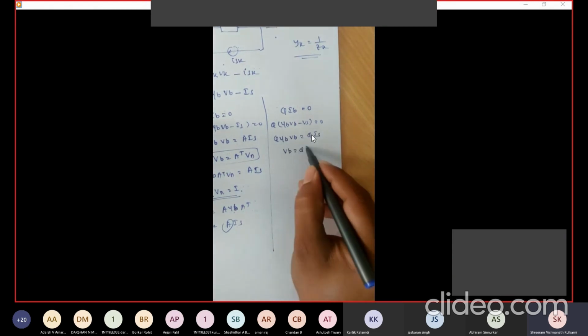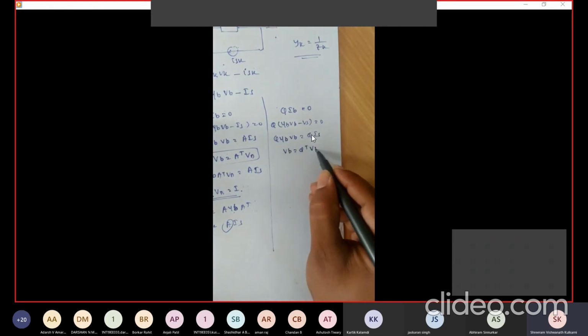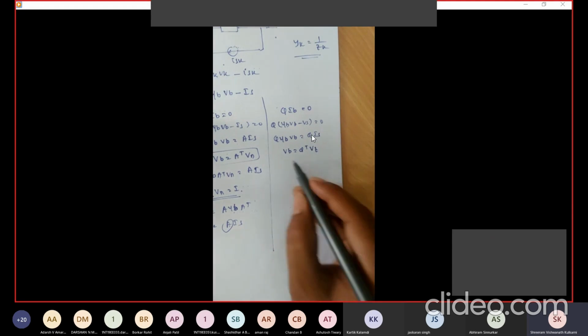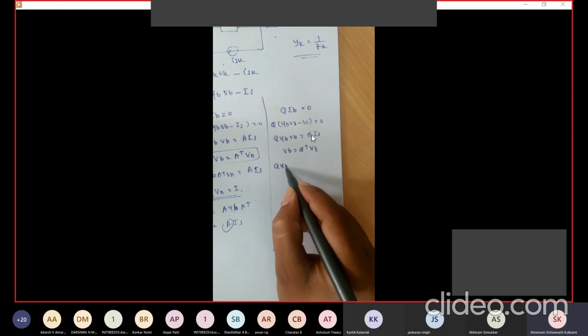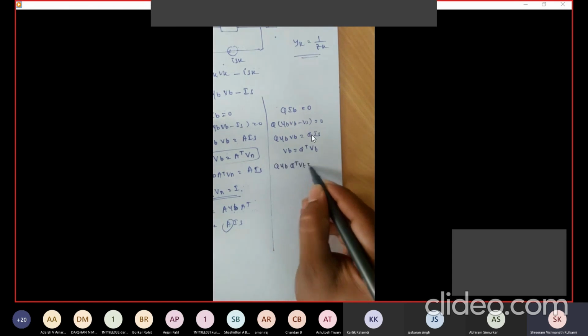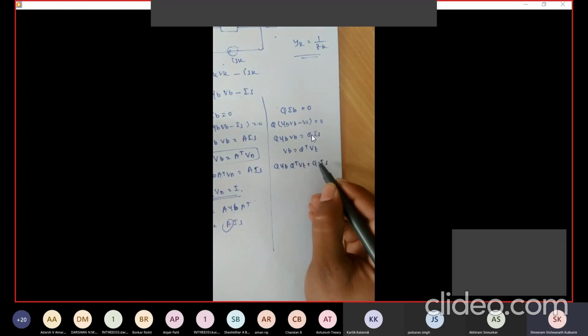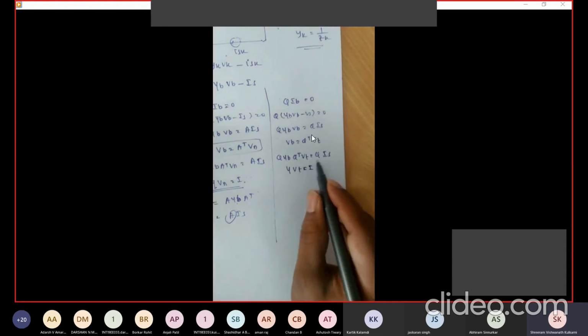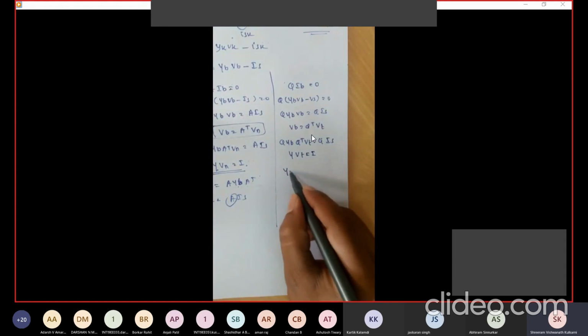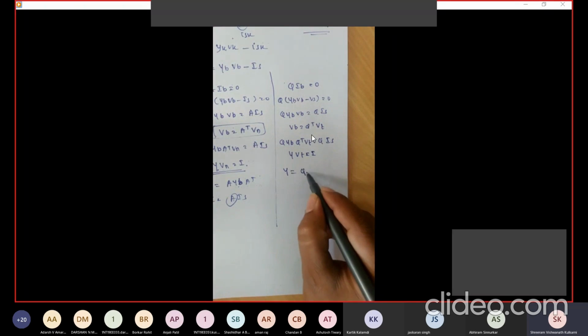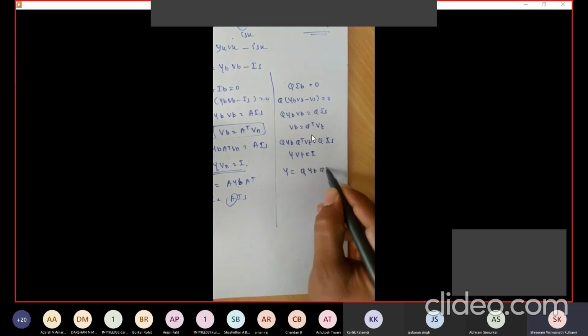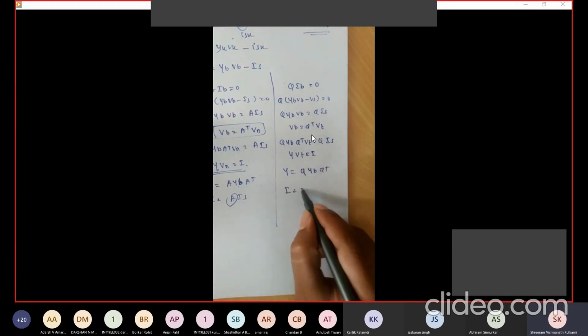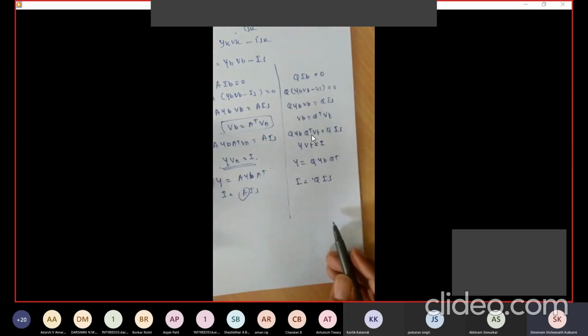Then we know VB equals Q transpose VT, where VT is the twig voltage. Simply with this, Q YB Q transpose VT equals Q into IS. Okay, so VT equals, I can write Y equals Q YB Q transpose and I equals Q IS.